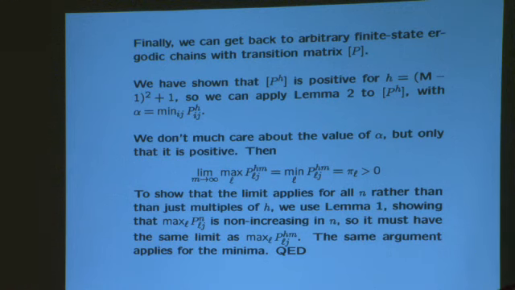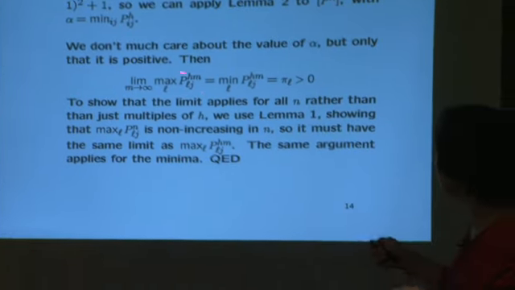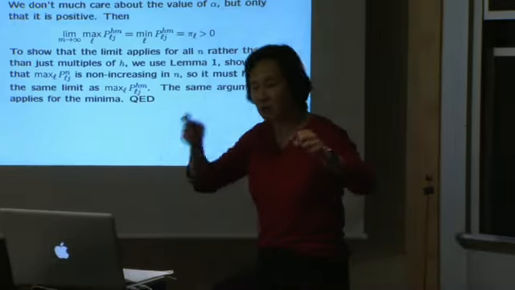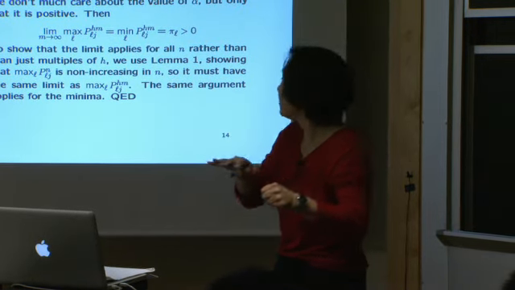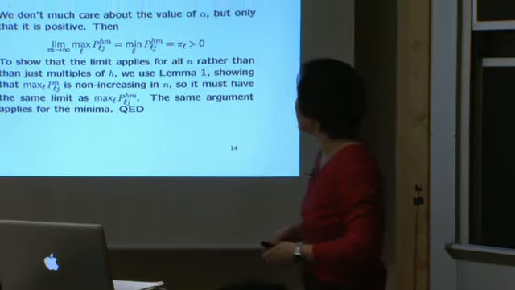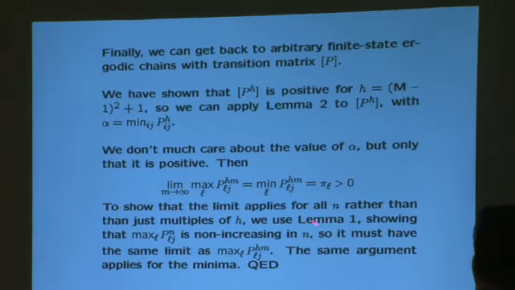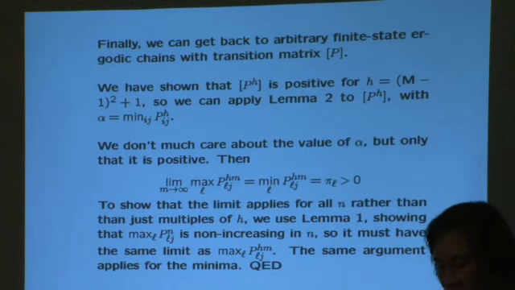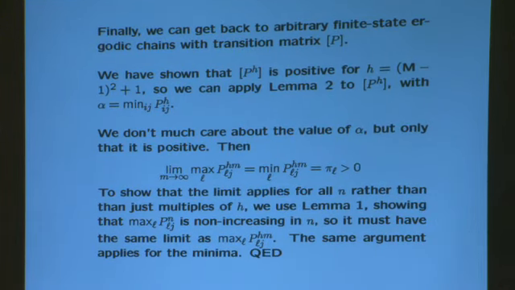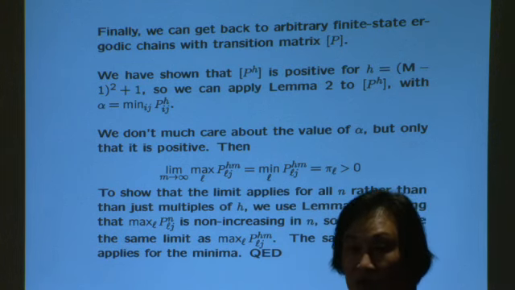Even if we're taking these multiples of h, and we know that this limit exists, we know that all the ones in between them are also going to converge to the same limit because of lemma 1. Remember, the maximum is going to be non-increasing, and the minimum path is going to be non-decreasing. So this must have the same limit as this multiple. So the same limit applies. Okay, any questions on this?